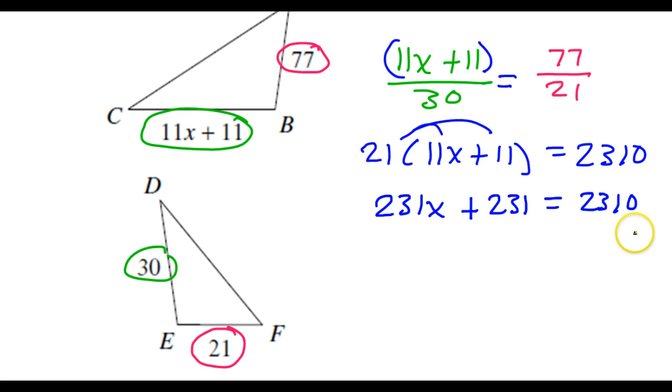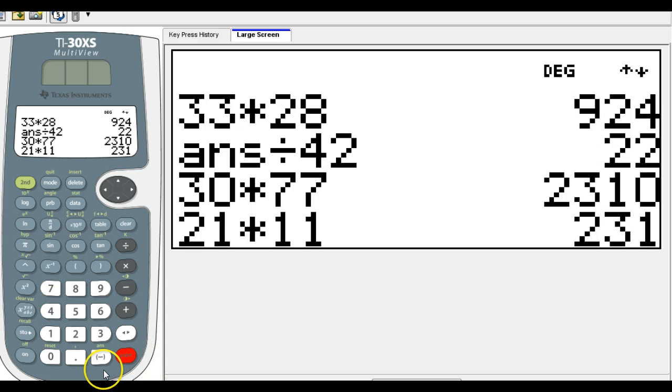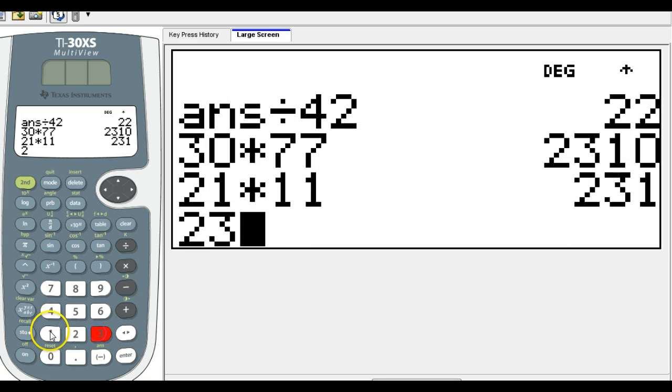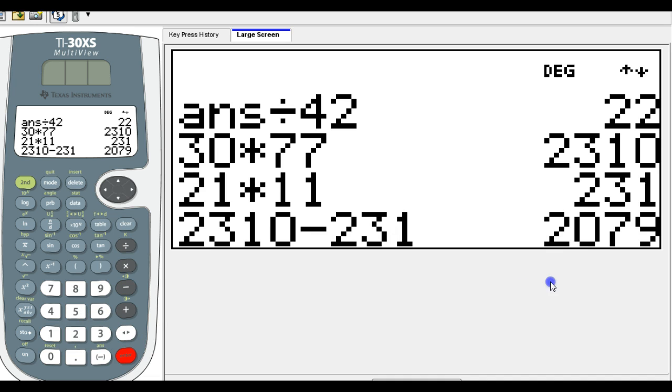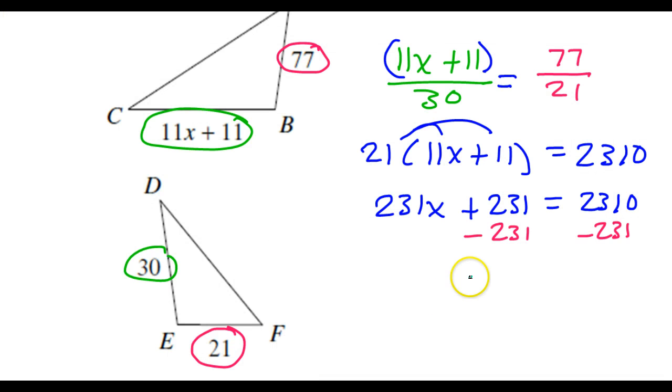If I subtract 231 from both sides, it's 2,310 minus 231, so that's 2,079.